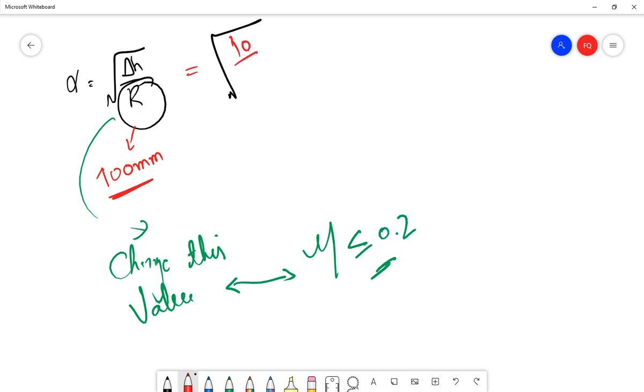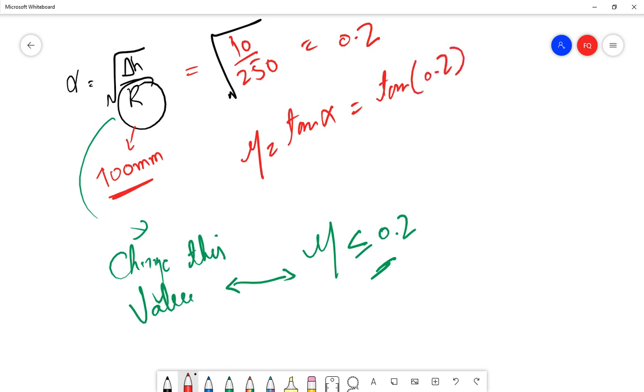So we have 10 over 250, and the answer comes out to be 0.2, and then mu is equal to tan of alpha, so tan of 0.2, and this would come out to be 0.2 precisely.